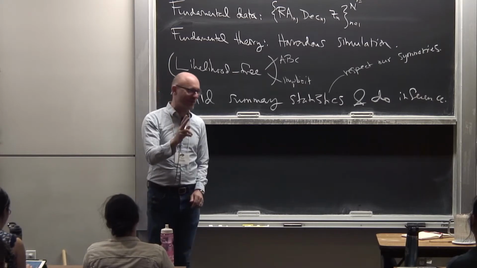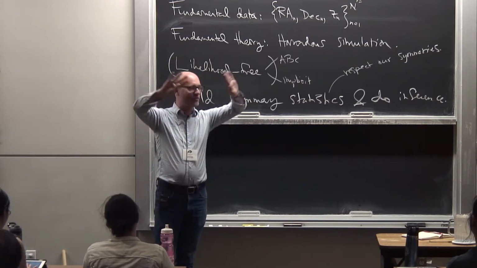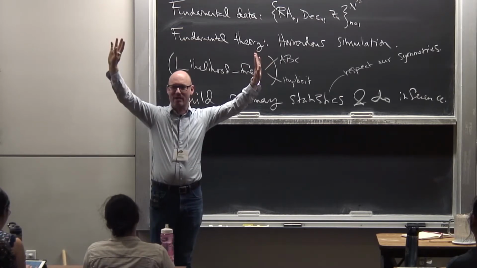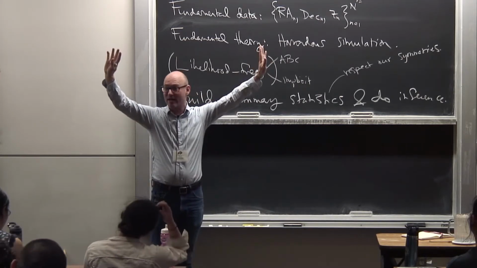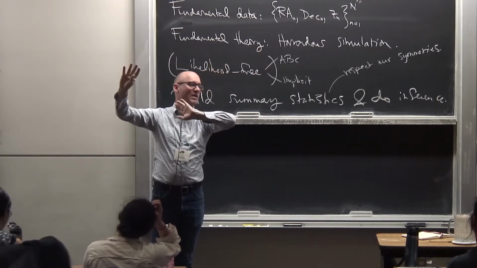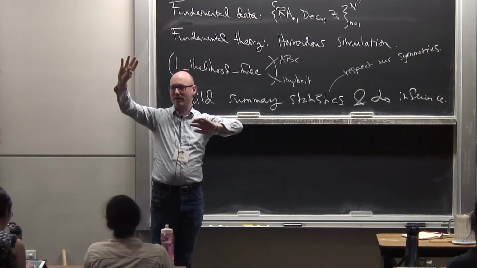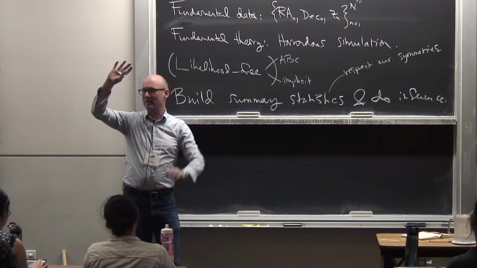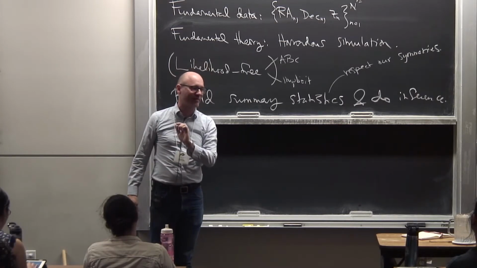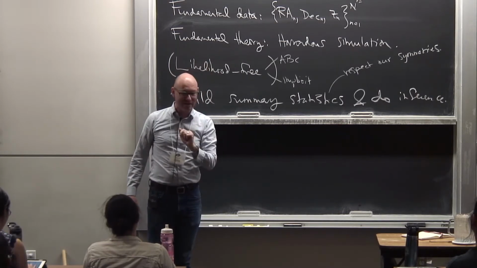Actually, an even more important effect is that we don't survey the whole sky the same way. There are some parts of the sky we look at, some parts we don't look at. Some parts of the sky we look at better than others. Some parts have dust in front of them that's obscuring the distant galaxies. Some parts we happen to observe on nights when the conditions are not as good.